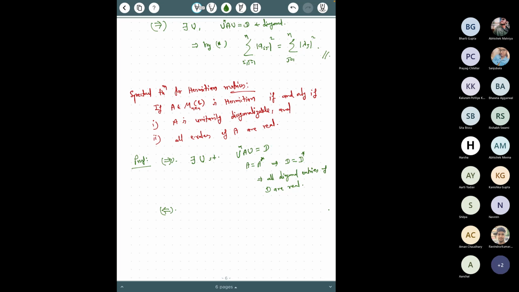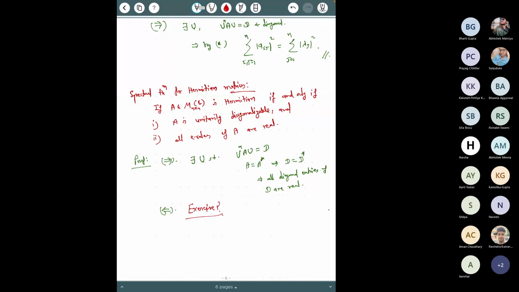Okay. So I give you this as an exercise. So Hermitian matrices also enjoy many nice properties.